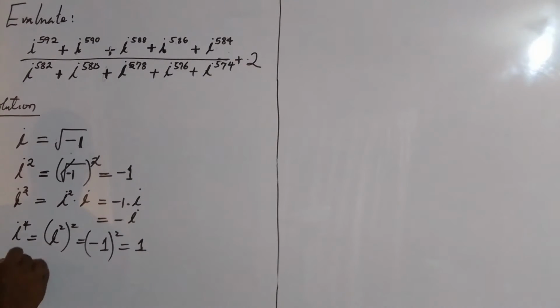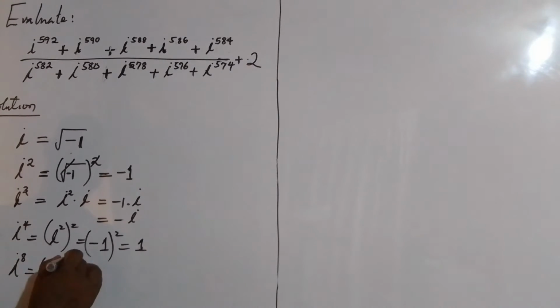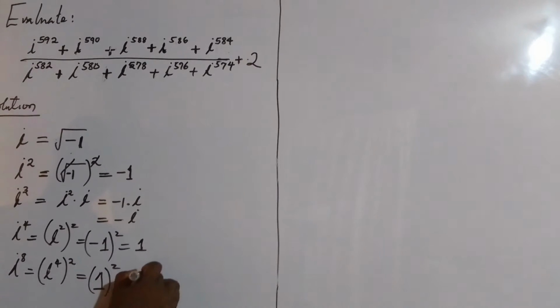What about when we have powers that are multiples of 4? Like, for example, i to the power of 8. This is the same thing as i to the power of 4, to the power of 2. i to the power of 4 is 1, and then when you square that, you are going to get 1 as well. So let's say we look for i to the power of 12.